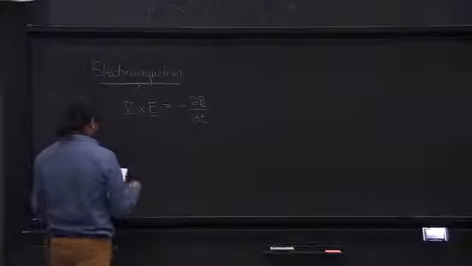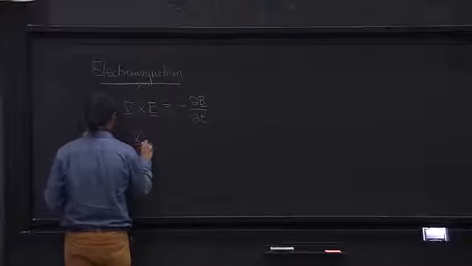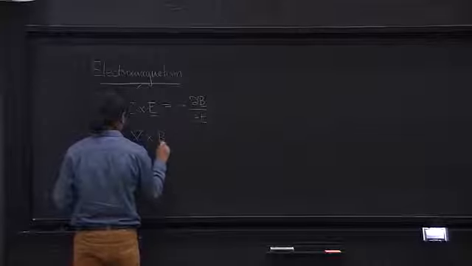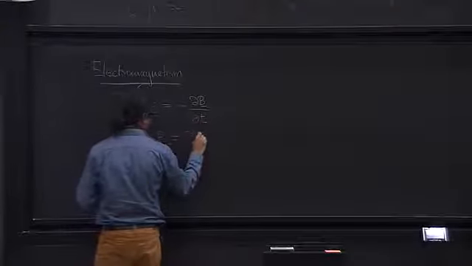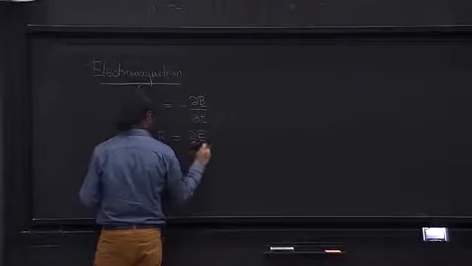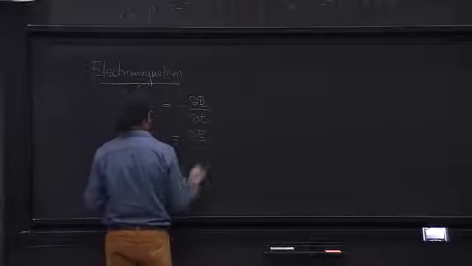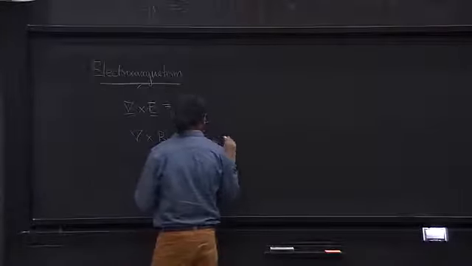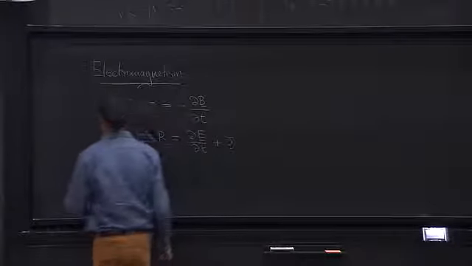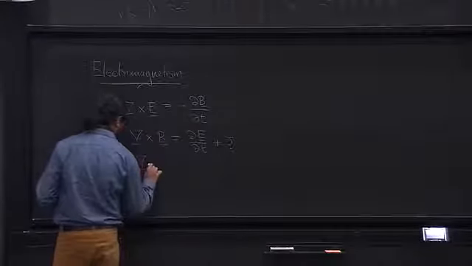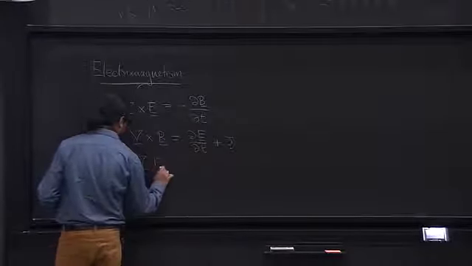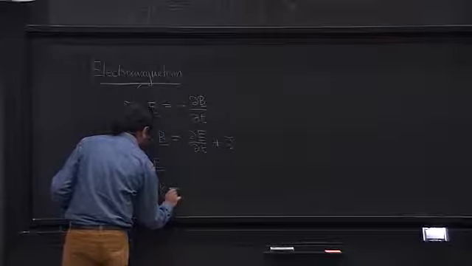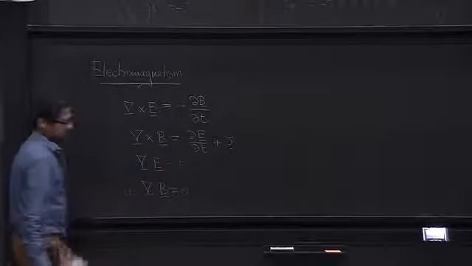Faraday's law. This is Faraday's law. Ampere's law with Maxwell's correction. Gauss's law. And the statement that there are no magnetic monopoles.